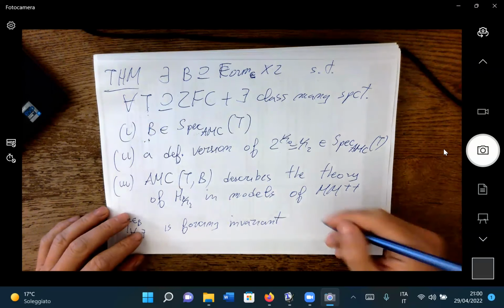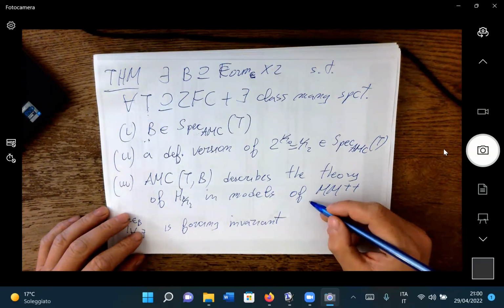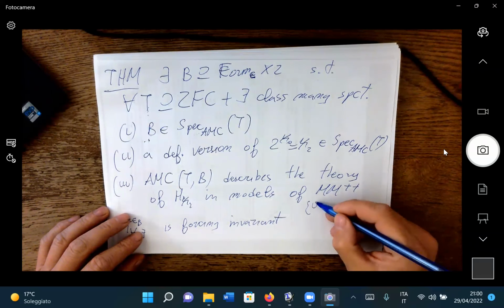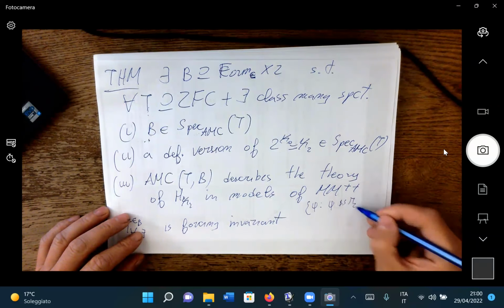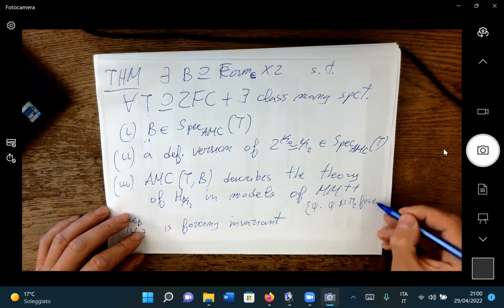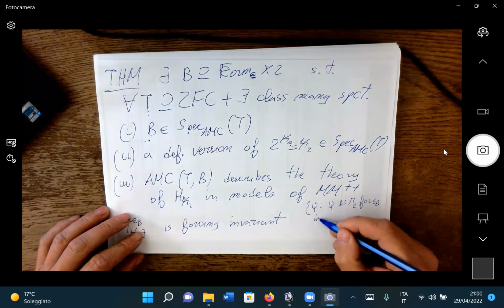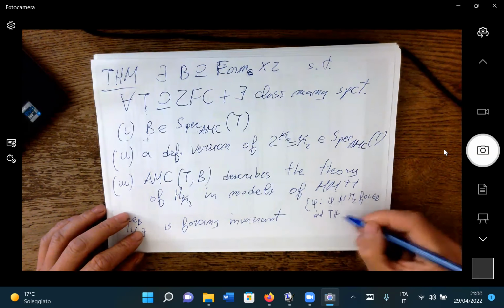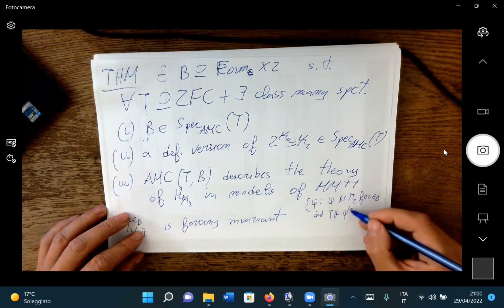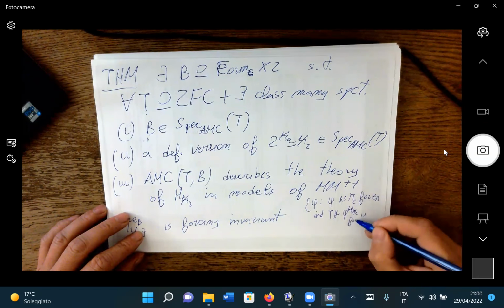Yes, I can say exactly what it is. So this is equal to the C, such that C is pi2 for epsilon B, and T models that C relativized to H aleph 2 is forcible.